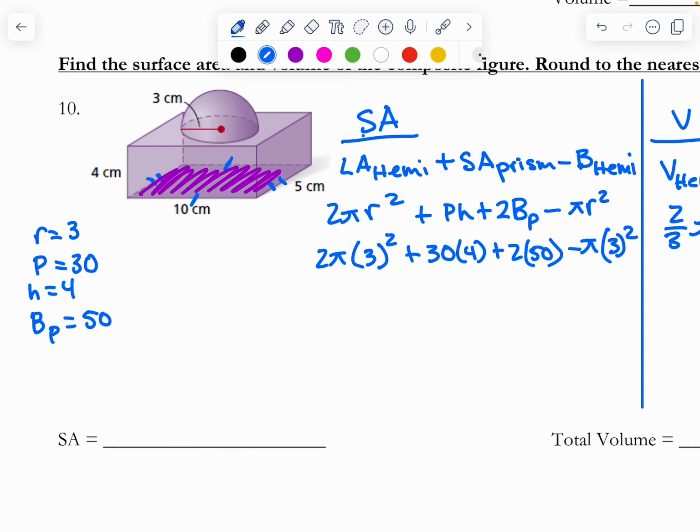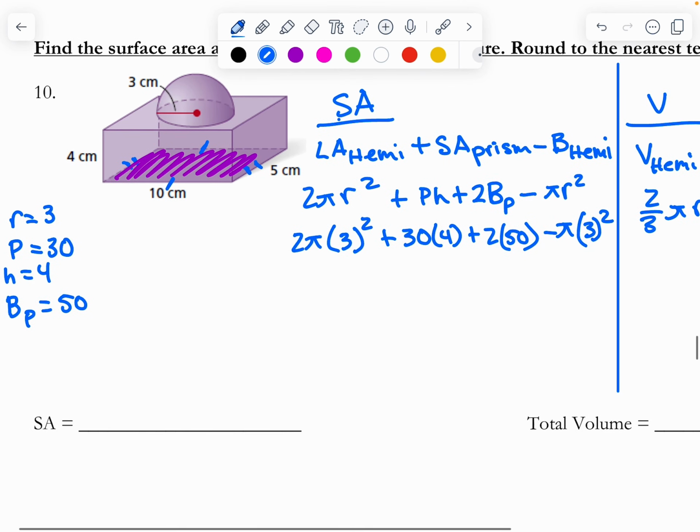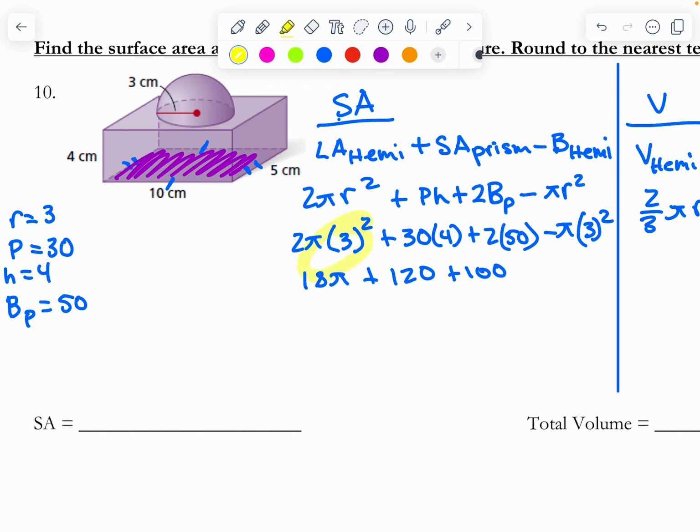Okay, next, let's just keep going. So 2 times pi times 3 squared, well, that's 18 pi. And then I've got 120 here, plus 100 for the third part, right? And now the last part is minus 3 squared pi.